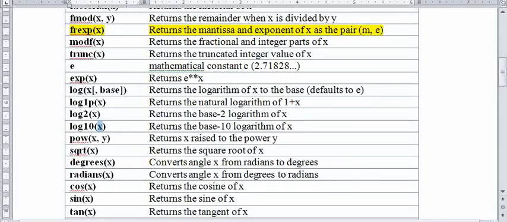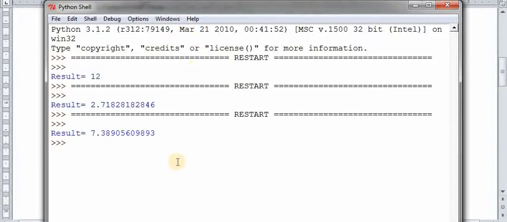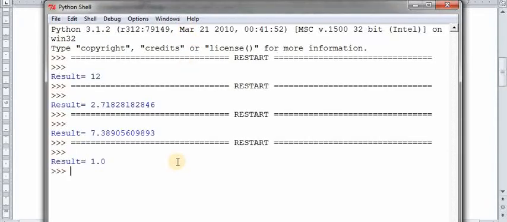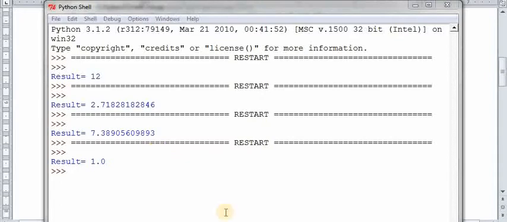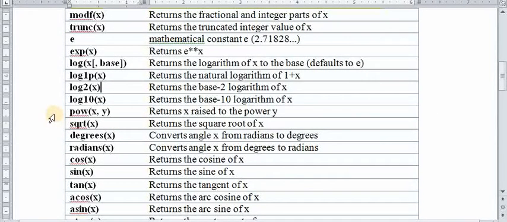Let's take one example. For example, I am writing log10 of 10. So log base 10 of 10 will obviously be 1. You know very well. Now the next function is pow(x, y), which returns x to the power y.